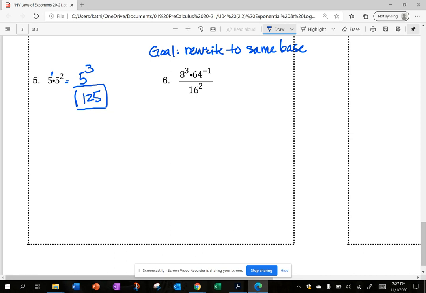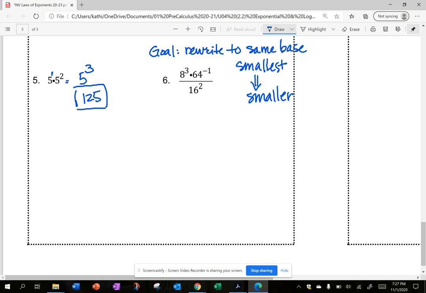And if I can rewrite in terms of the smallest base of what was given, if it doesn't work, then I go smaller. So in this example, I cannot rewrite everything in base 8. So I'm going to go down to base 2, which is smaller.